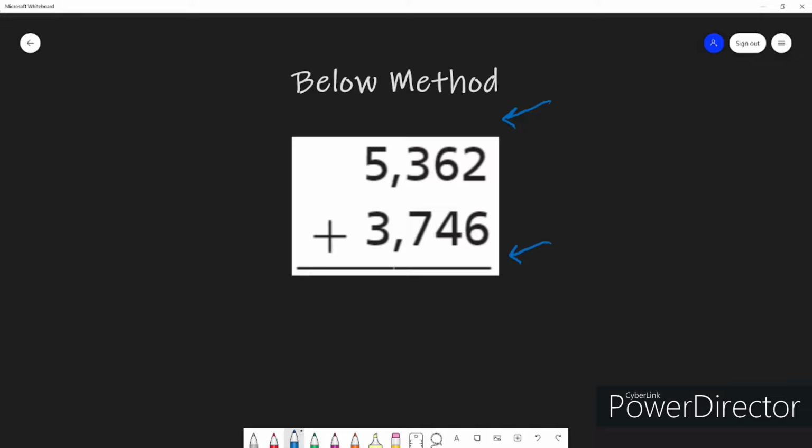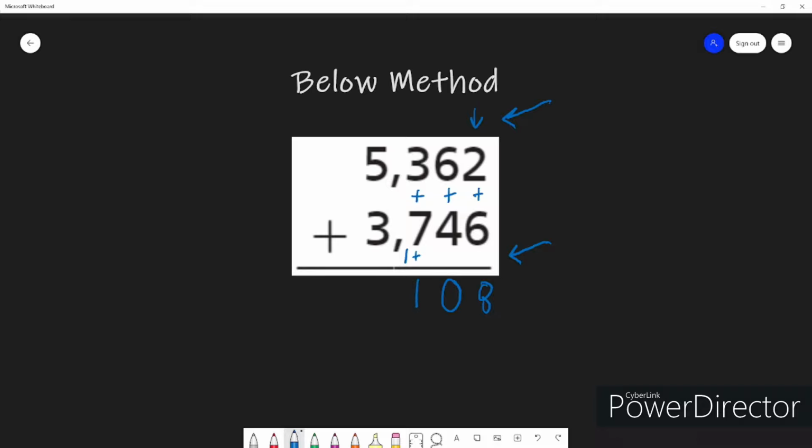And let's go ahead and do the math again, starting with the ones position. 2 plus 6 equals 8. Continuing forward, you have 6 plus 4 equals 10. You cannot have two numbers in a place value position, so you have to bring the remainder, which would have been in the hundreds position, below the line, otherwise known as the below method. So you continue forward. 3 plus 7, which is 10, plus the remainder of 1, which leaves us 11.